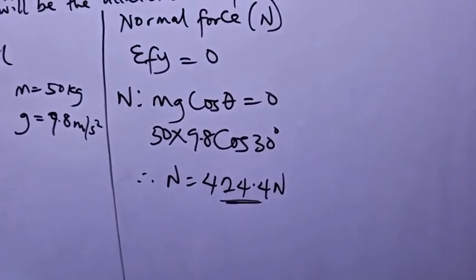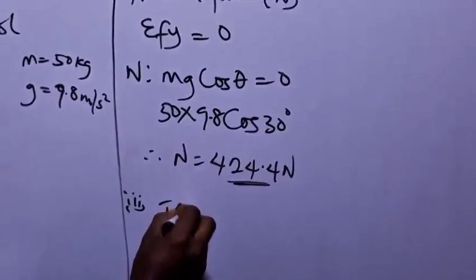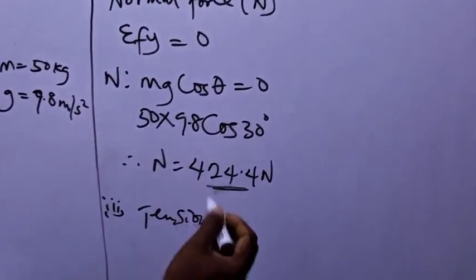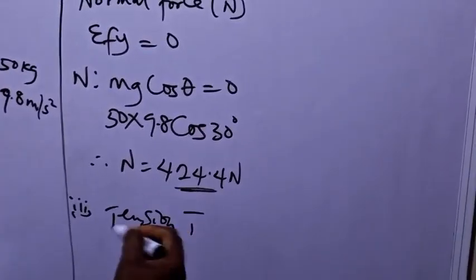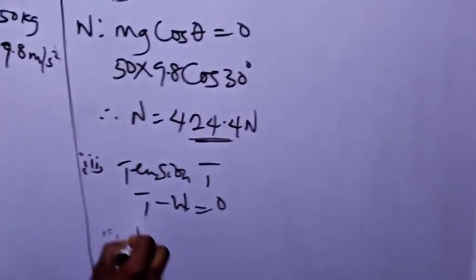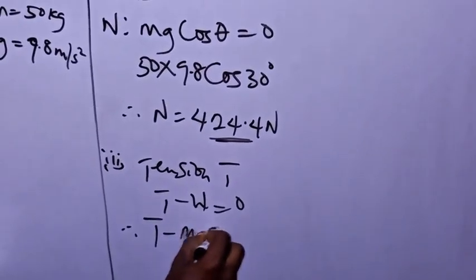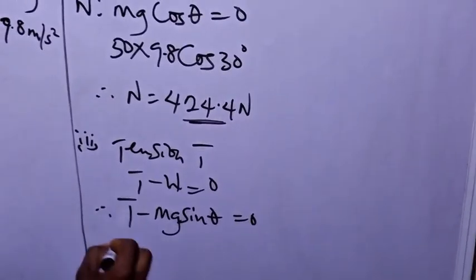Now we also have tension. These are the forces acting on the block that is sliding. I have tension T here, also a force acting. We'll have that T minus the weight component equals to 0. Therefore, tension minus mg sine theta, the angle it forms, equals to 0.